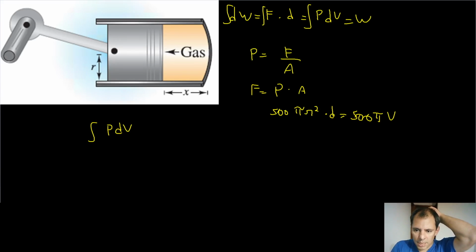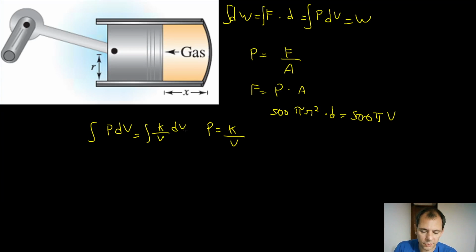Now, what is p? It said that p is inversely proportional to the volume. So you have p equals k divided by V. Now you gotta find k, because then this equals the integral of k over V dV. Now what is k?